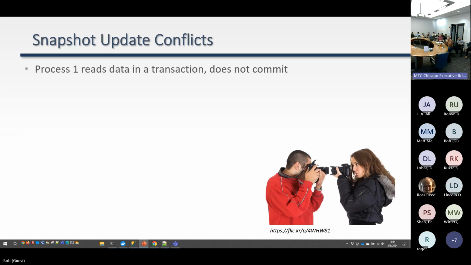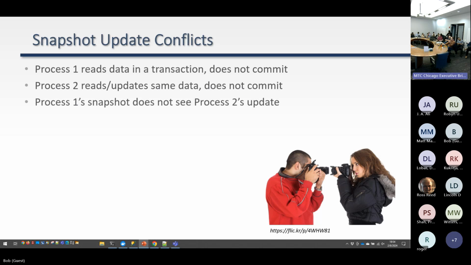We have two processes. Process one reads data in a transaction, but does not commit. As soon as it reads data within a transaction, it has a snapshot of everything. So anything else it reads from this point will be as of the point in time that read occurred. Meanwhile, process two comes along afterwards and reads and updates that same data, but also does not commit. So now we have two open transactions.